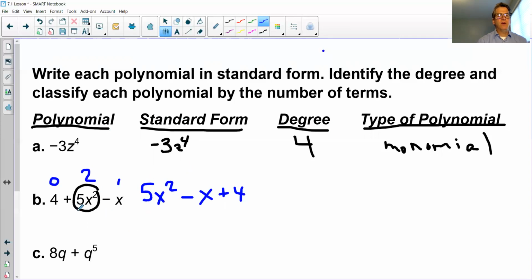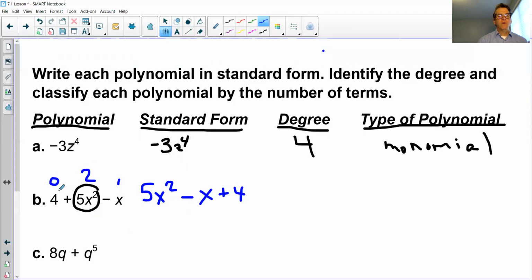This term has a degree of 2. This term has a degree of 1. Don't forget the negative, it comes along with it. And then the 4 has a degree of 0. Now, what is the degree of this polynomial? It's going to be the highest degree.